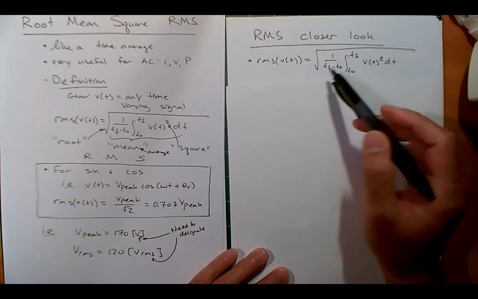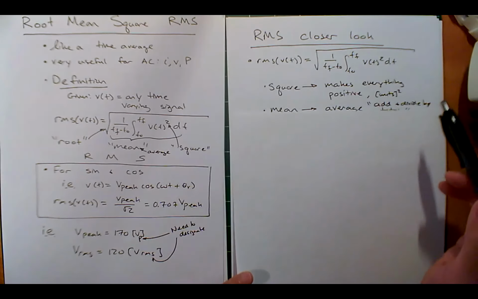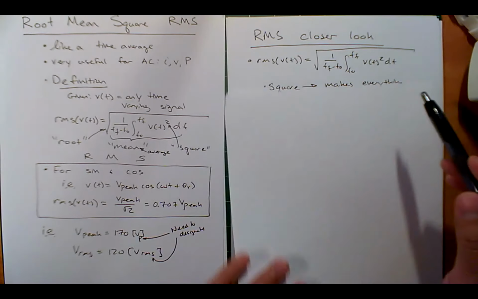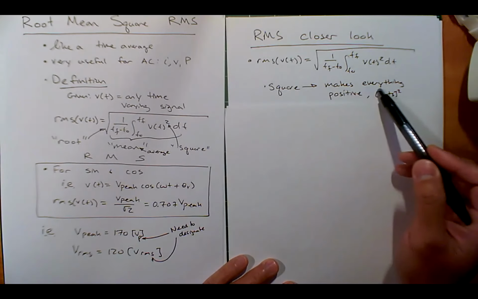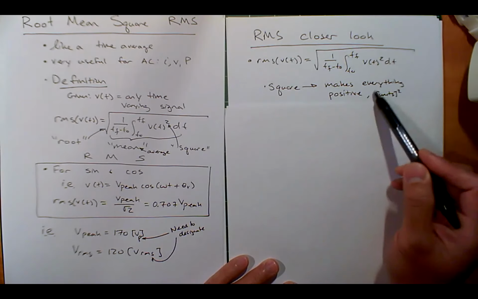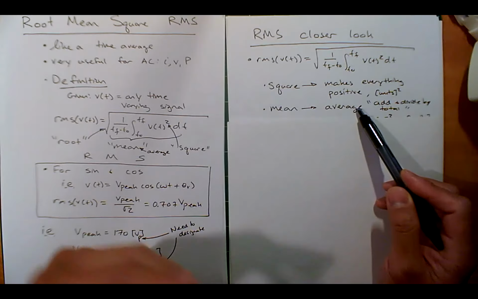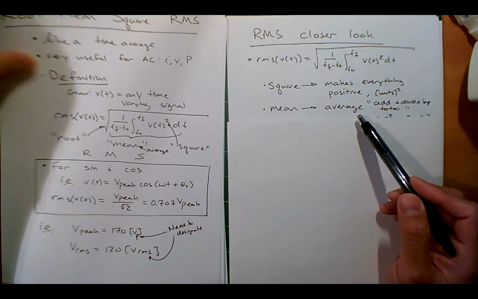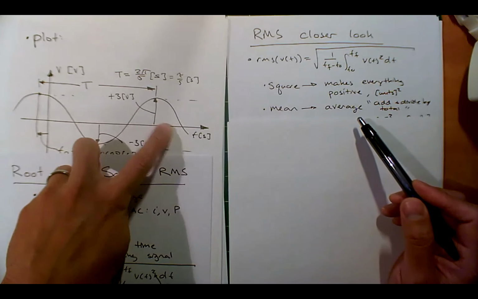Let's look at this. I can actually take the root mean square; I just rewrote the formula here. Remember the square, the mean, the root. What does the square do? It makes everything positive. If I square a negative number, it becomes positive. But the problem is I have units squared. The mean is the average. If you average the sinusoid, that's kind of useless, because the average is 0, no matter how big it is.